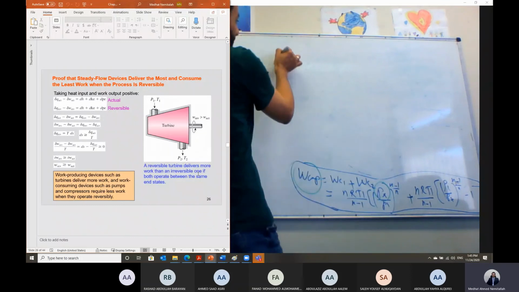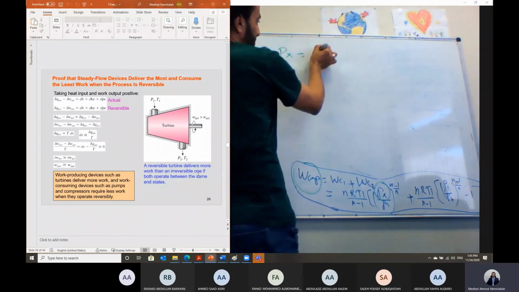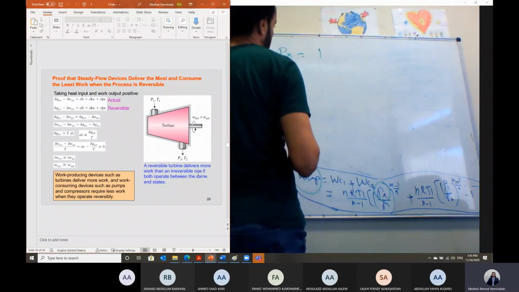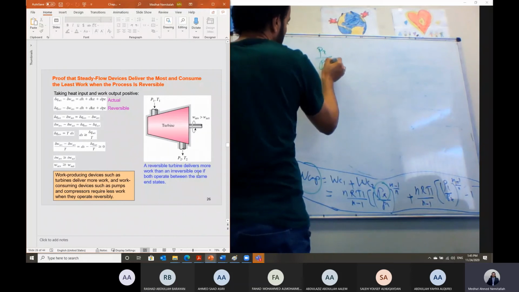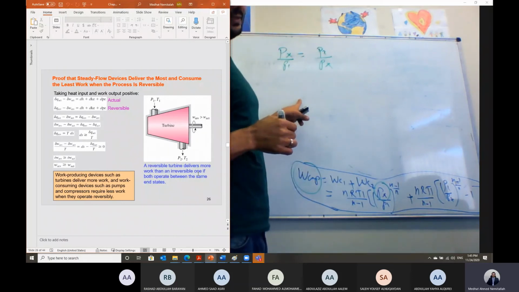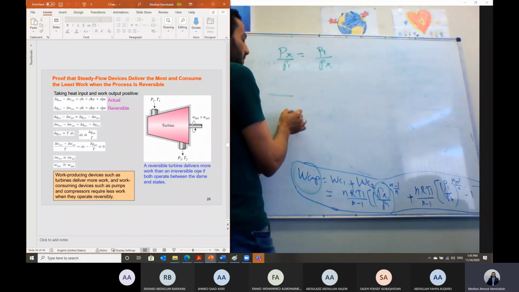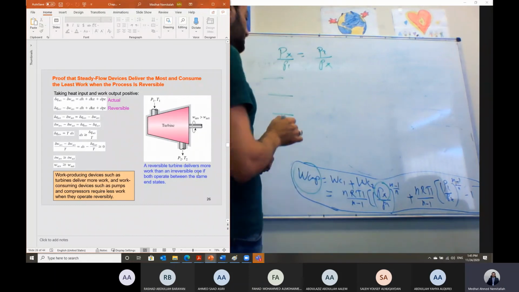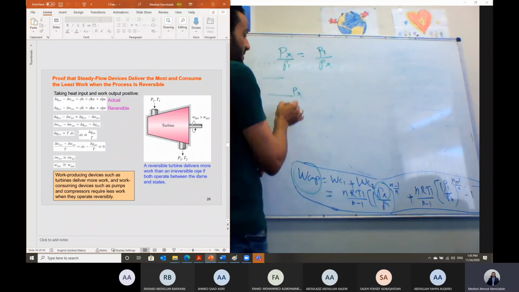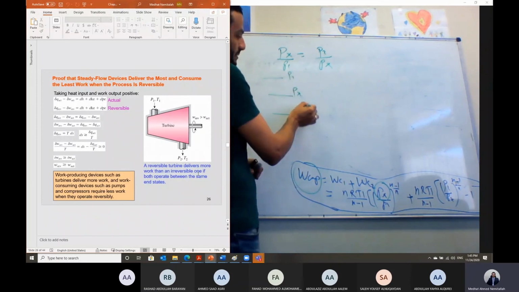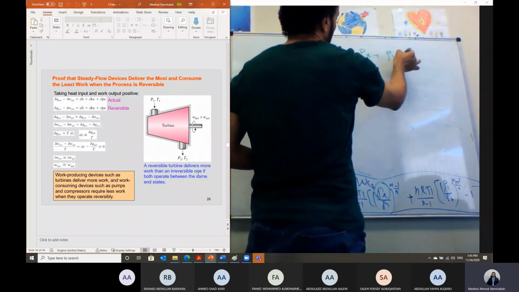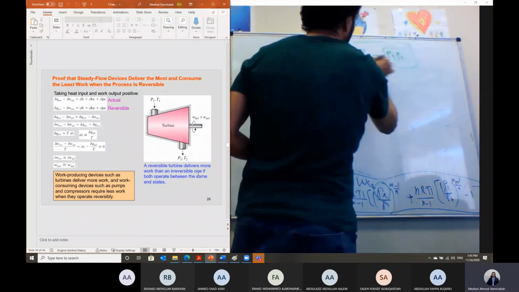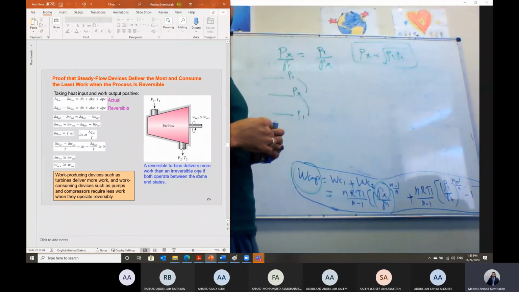If you did that, you will find the optimum value of the ratio Px over P1 should be the same as the value of P2 over Px. So that means it is just equal compression. Px over P1 is the same as P2 over Px. Or we can say the optimum value of Px is equal to the square root of P1 multiplied by P2. Okay? Is that clear, Shabab?